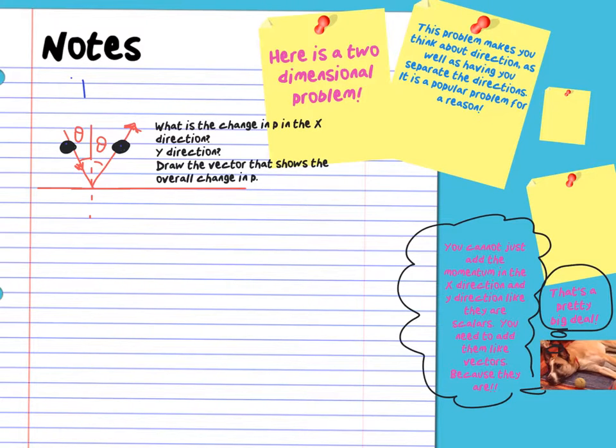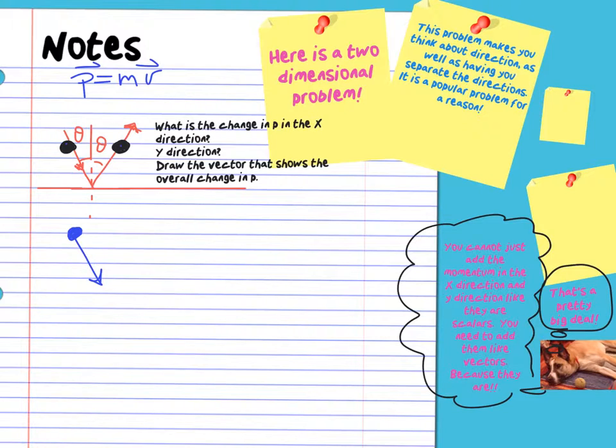So we know that momentum equals mass times velocity, and this is our vector. And since mass doesn't have a direction, the direction of the momentum would be the direction of the velocity. So I'm just going to quickly draw this in the initial case, and I'm going to make this a different color.